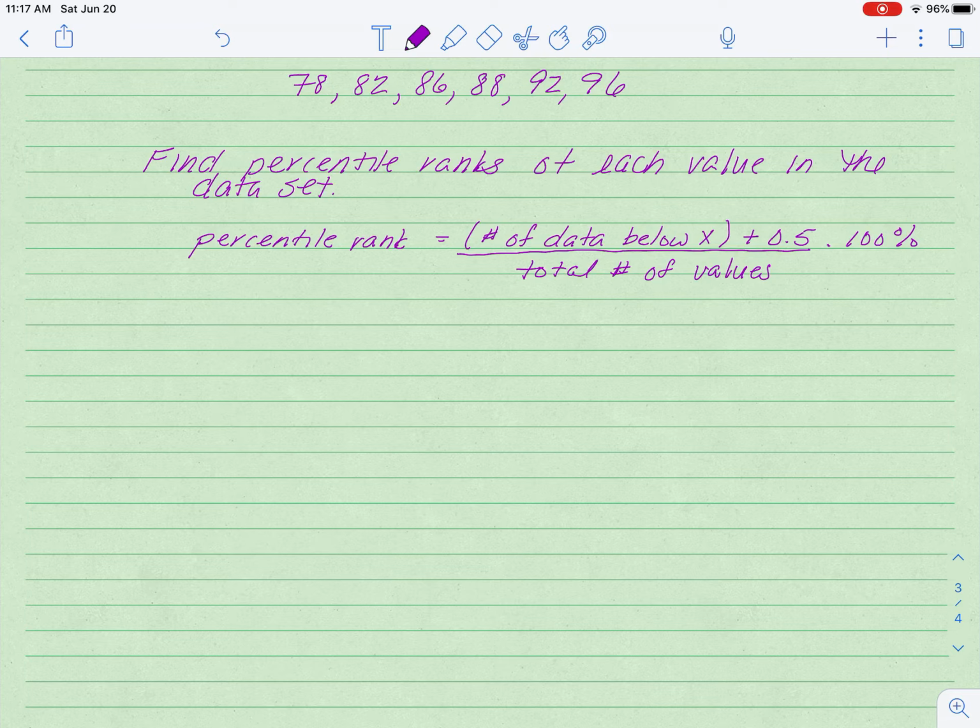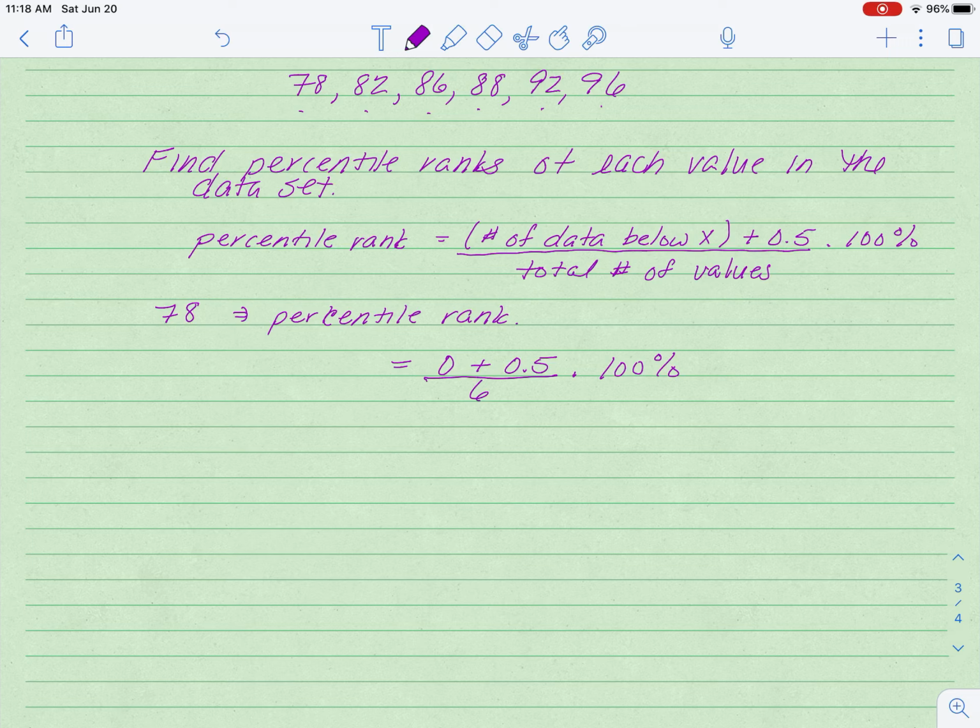So let's look at the percentile of 78. That's the first data point. So 78 is our first data point, and we want to find the percentile rank. The first thing is, how many data points lie below the number 78? Well, none. It's the first data point. So this percentile rank is going to be equal to 0 data points below plus 0.5, divided by the total number of data points: 1, 2, 3, 4, 5, 6, divided by 6, and then we multiply by 100%.